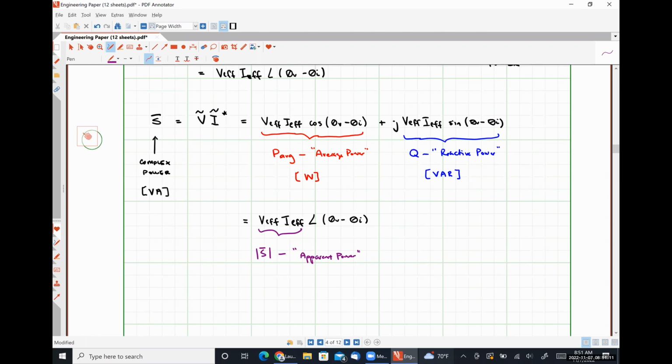Not taking into account any phase difference between voltage and current that would lead to other things happening, okay? Since it's simply the magnitude of the complex power and the complex power is measured in volt amperes, the apparent power must also be measured in volt amperes.